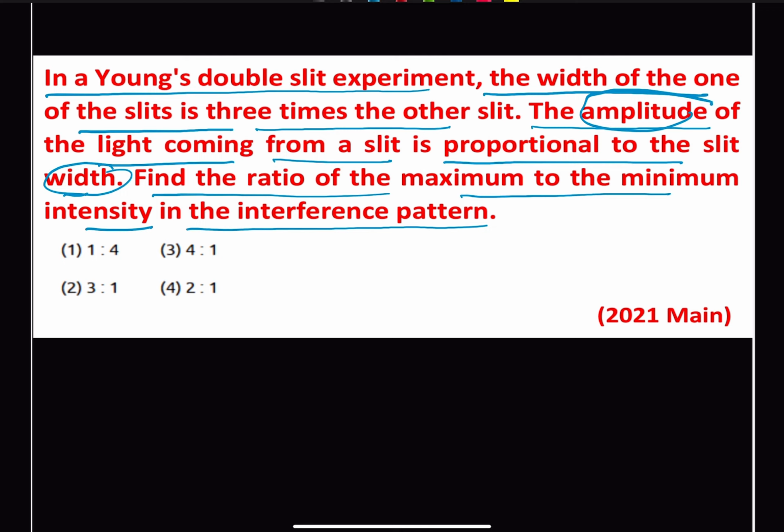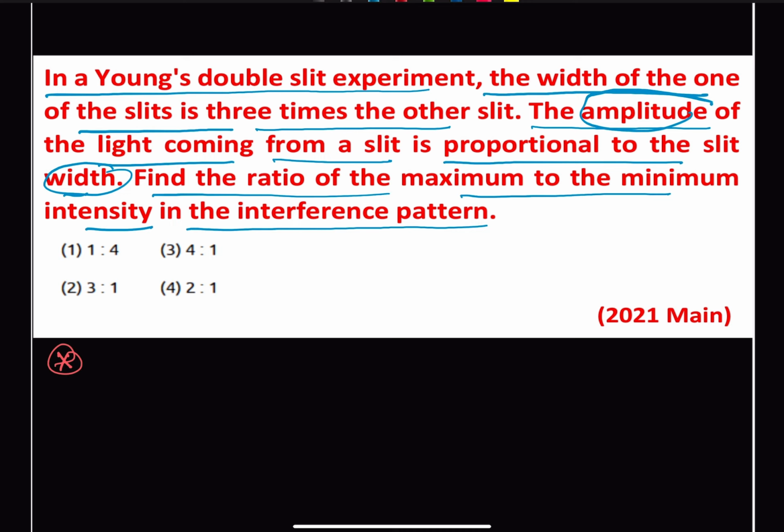And let us say we have two slit widths. One is W1 and another one is W2. And corresponding to W1, we have amplitude A1, and corresponding to W2, we have the amplitude A2.